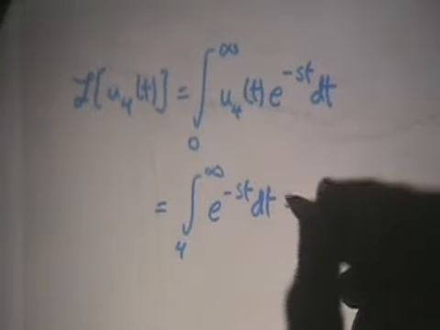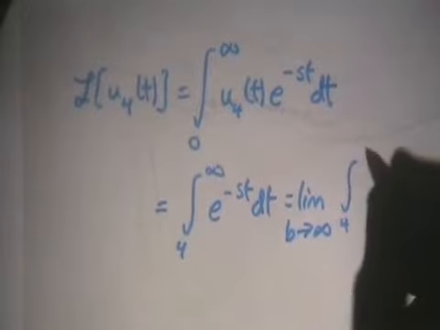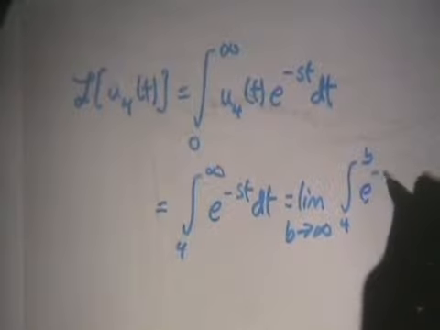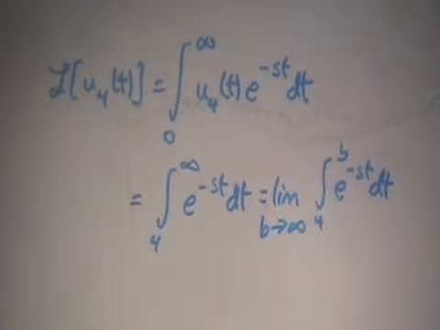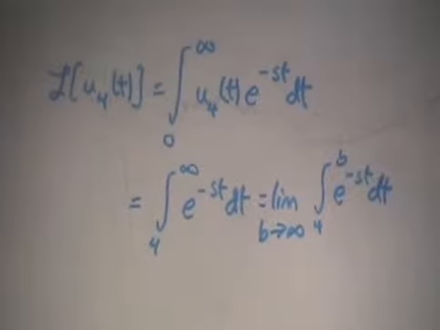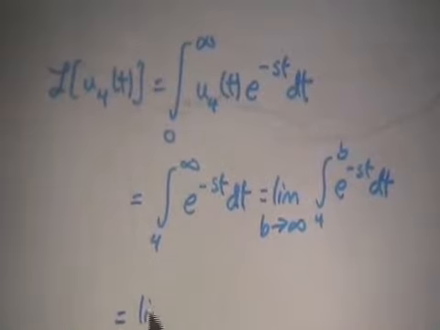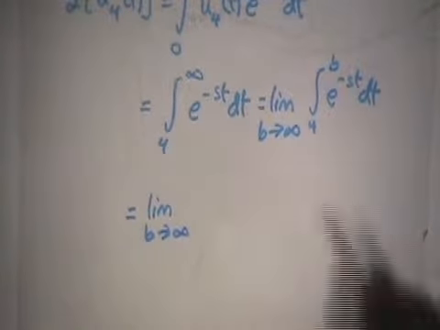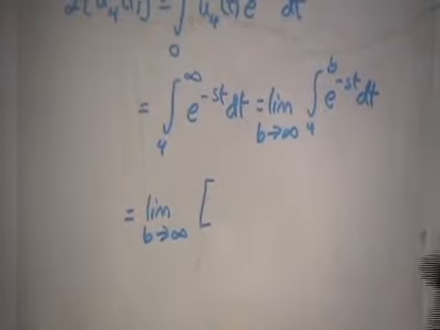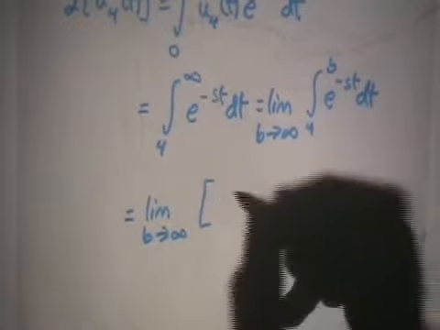It is an improper integral, so technically speaking it's a limit. And you should always remember that. Carry the limit sign along and only apply the limit at the end. Antiderivative of e to the negative st with respect to t.